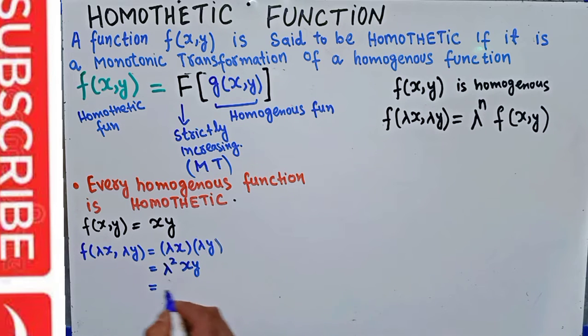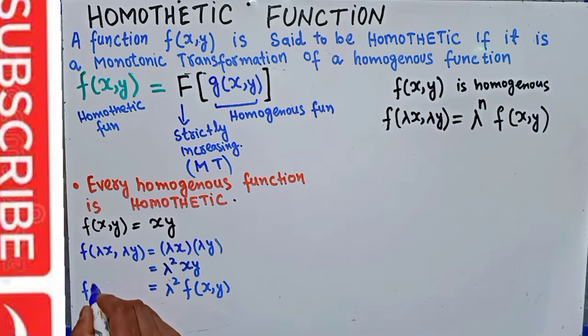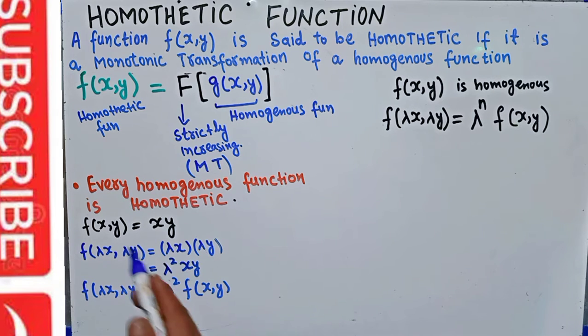And what I am getting here is lambda squared f of x, y, because xy is equal to f of x, y. So this function is homogeneous of degree 2.